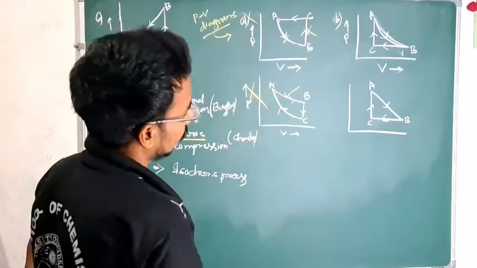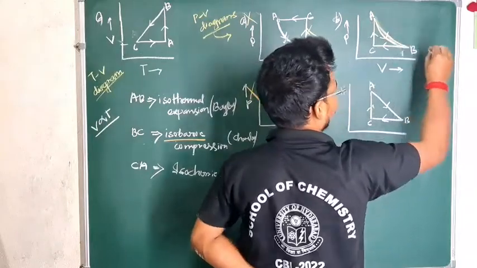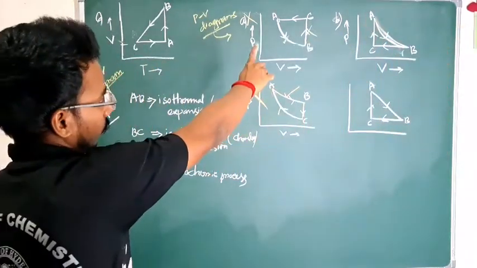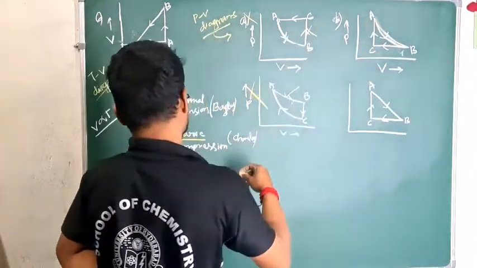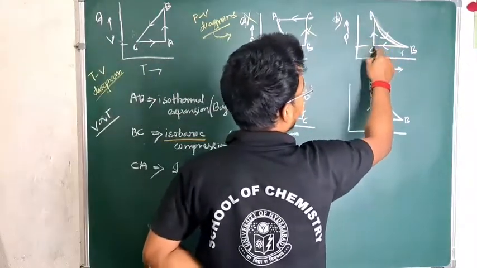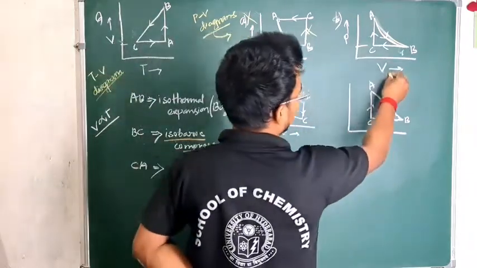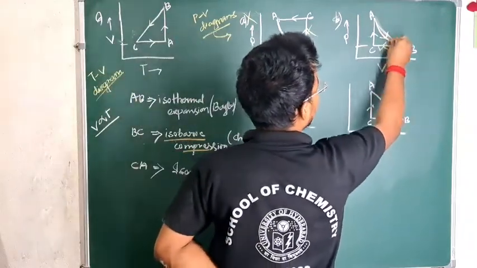Let me go to that side. A to B: see, this is the Boyle's curve. Okay, this is correct. All the ABs are correct here as well. Let's look at the BC. See, pressure is constant, volume is decreasing, isobaric compression. Compression is also happening. Means this one is also correct.